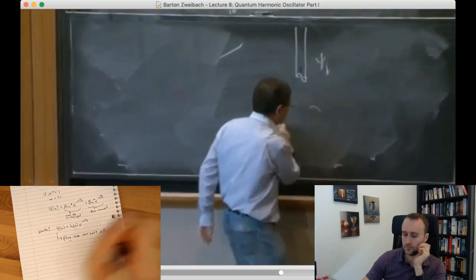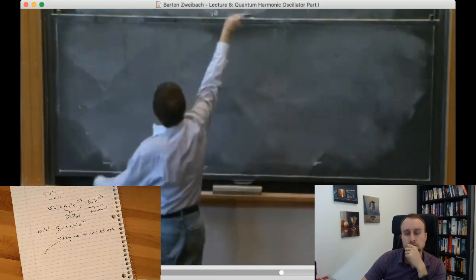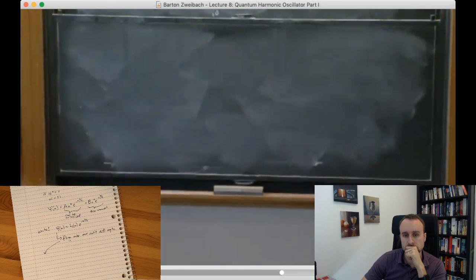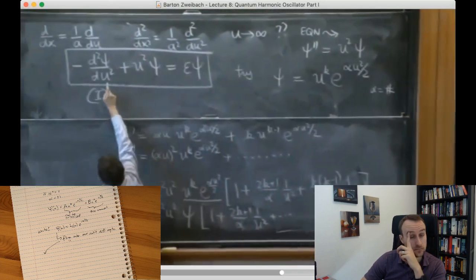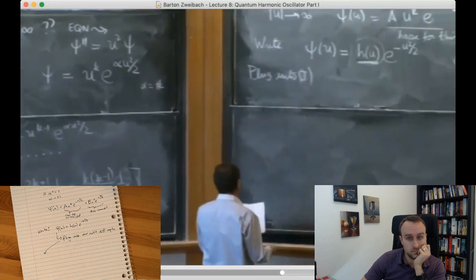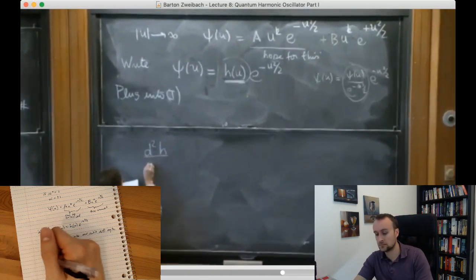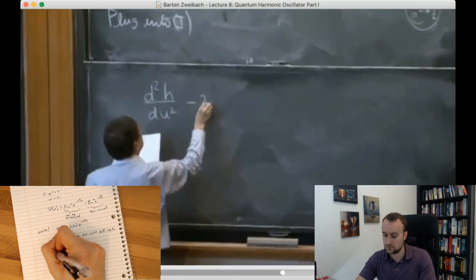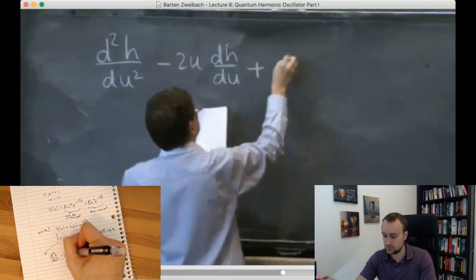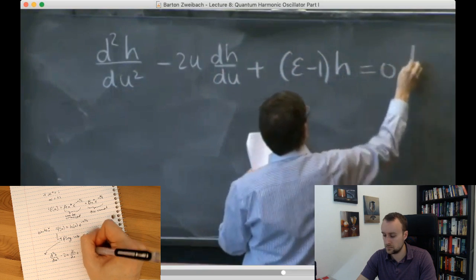But I'll just write the answer. By the time you substitute, of course, the e to the minus u squared over 2 is going to cancel from everywhere. You just need to take 2 derivatives, so it becomes a second-order differential equation. And indeed, it becomes a tractable differential equation: the second derivative of h with respect to u, minus 2u times dh/du, plus e minus 1 times h, equals 0.